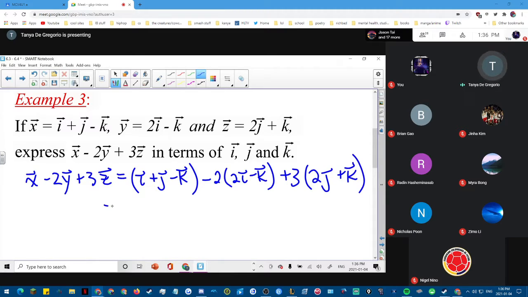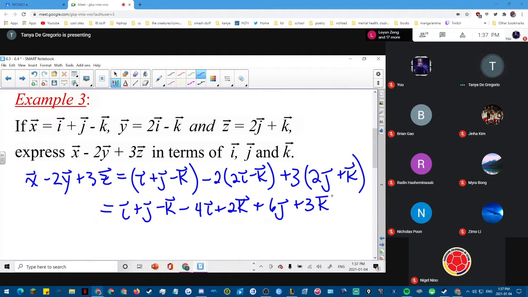And so we're going to use that distributive property. The first one I don't have to worry about, it can just come right out of the brackets. Here I'm going to use the distributive property. So this now becomes 4i plus 2k plus 6j plus 3k.